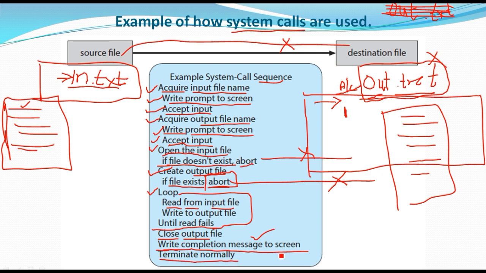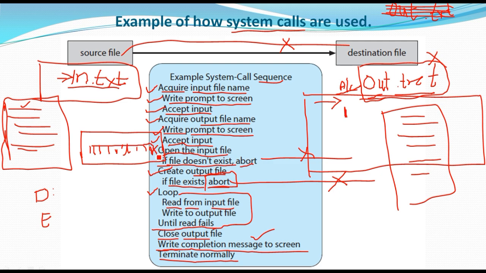Let me take one more example. Assume that you are copying the content from one drive to another drive, for example, from D to E. If you are copying your file or folder, what happens? You will get a progress dialog box on your screen. It will show you the progress, how much percent of the content has been copied.